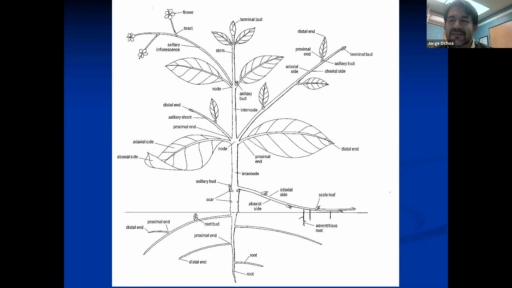In pruning, stubs, those areas of the stem that will no longer grow, are not good. They're going to be unsightly, and eventually they will provide an entryway for pathogens or diseases or other harmful things to the plant. So the internode will become those stubs that we'll see later on.